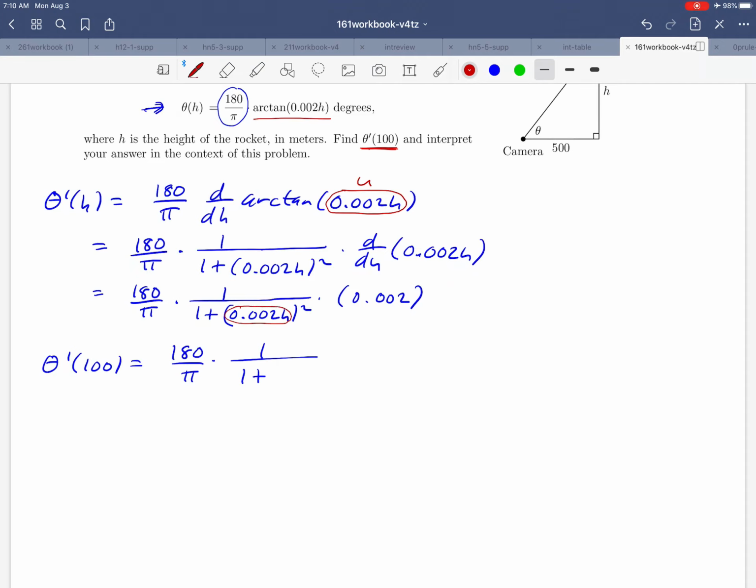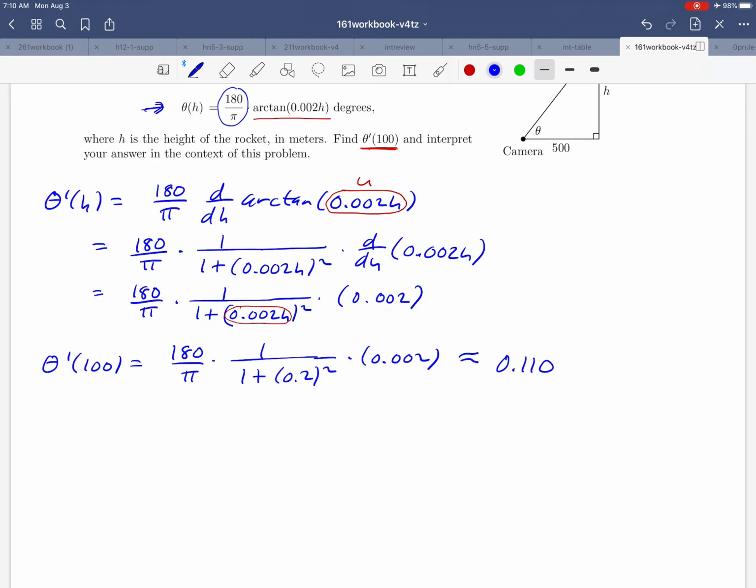You're going to get 0.002 times 100, and if you do that multiplication, you get 0.2. That ends up being squared, times a 0.002 at the very end. Now this is a job for your calculator. If you grind all of that out and get a decimal approximation, that comes out to be about 0.110.